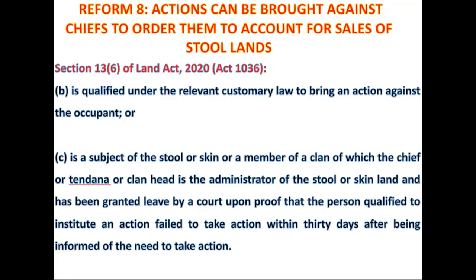And then the third requirement you must prove is that you, the applicant, are a subject of the stool or skin or member of a clan of which the chief or tendana or clan head is the administrator of the stool or skin land, and has been granted leave by court upon proof that the person qualified to institute the action failed to take action within 30 days after being informed of the decision to take the action.